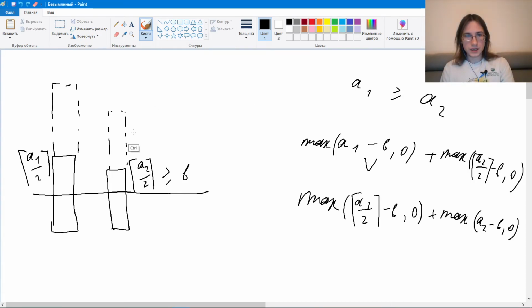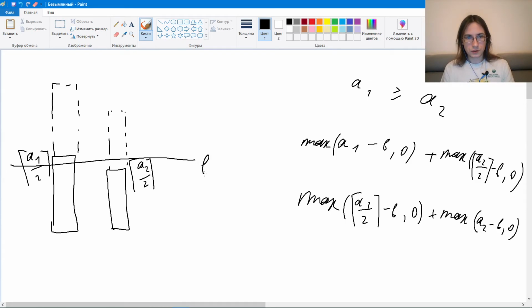And the last case, if b is between the two numbers, a1 over 2 and a2 over 2, so line b goes somewhere here. In this case, in the first scenario, we subtract this amount from the original sum plus 2b, because this number will become 0, and this number will become this height.